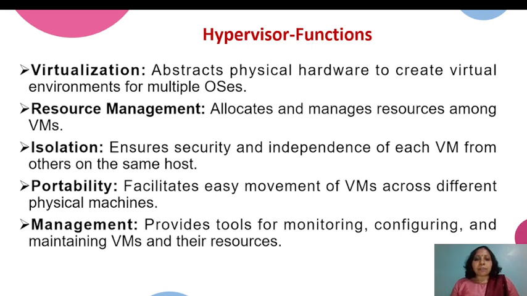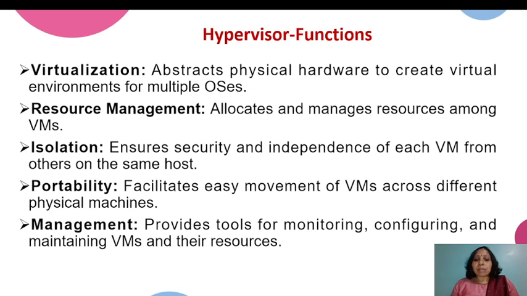What are the functions of hypervisor? Hypervisor basically abstracts the physical hardware to create virtual environments for the multiple operating systems that run on the different VMs that you have on a single physical machine. It also allocates and manages resources to the VMs it allows on a single physical machine.